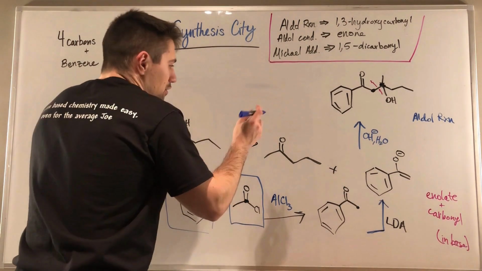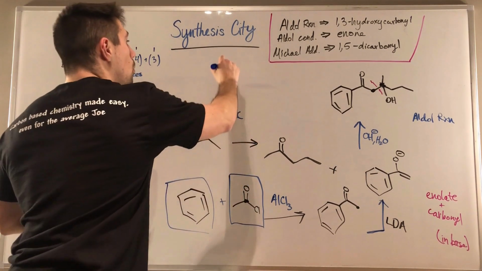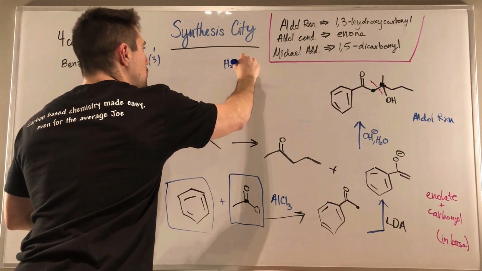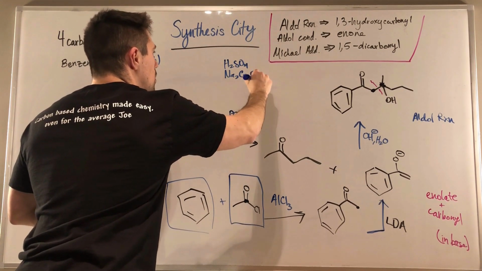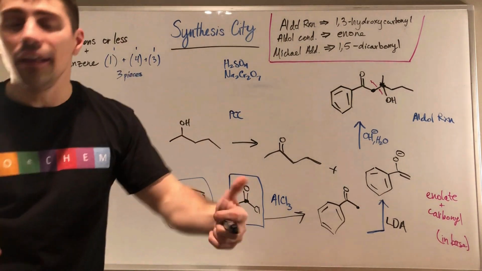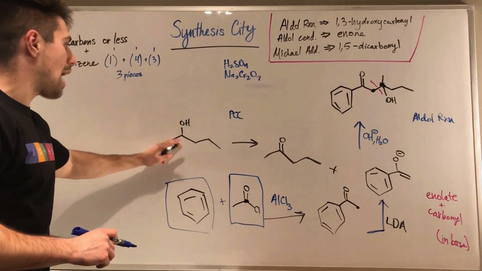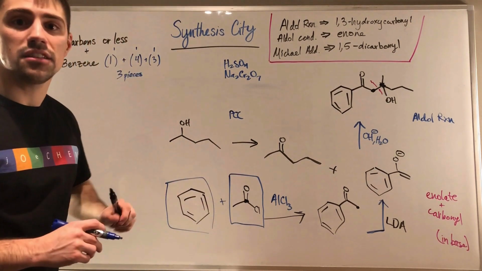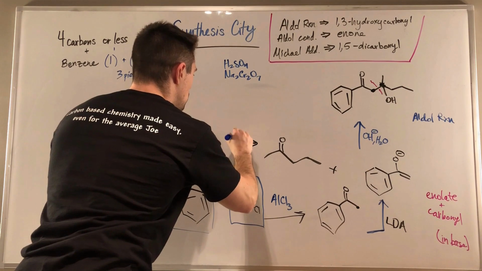So use your favorite oxidizing reagents. You could use PCC, or you could use the H2SO4, sodium dichromate, the Jones oxidation, or if you use green chemistry, go for that. Just make sure you put something in the mix that takes this alcohol and oxidizes it to a ketone. I'm gonna make this a little bit lower, PCC, cool.